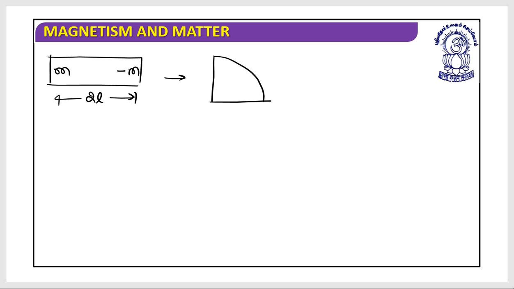It's a 1/4, and this is plus m, this is minus m. Let's say this is r and this is r. So if this is the magnetic moment m, which could be written as m into 12, find out the magnetic moment m dash.